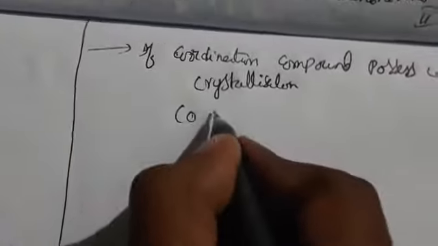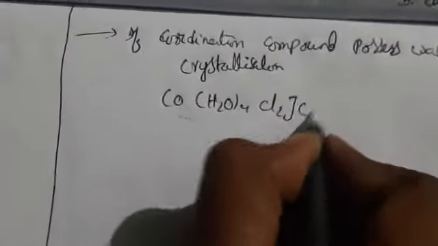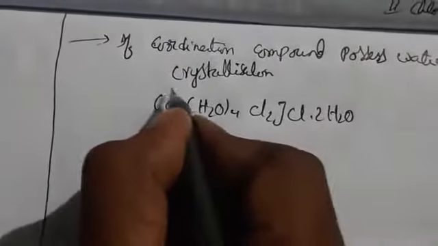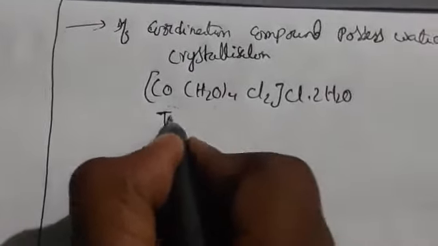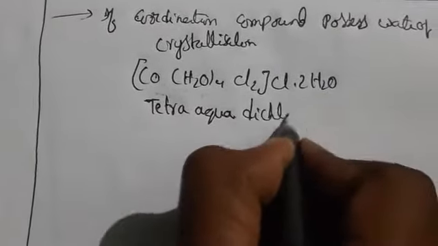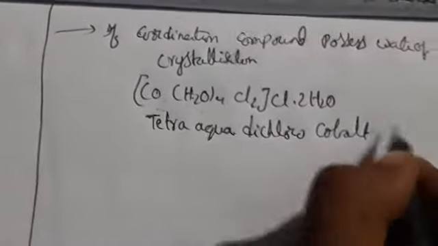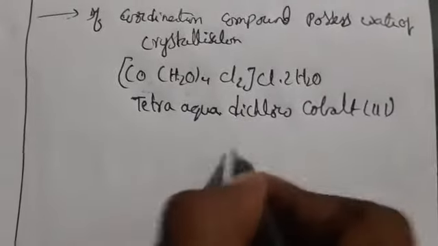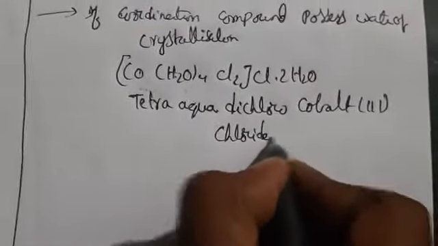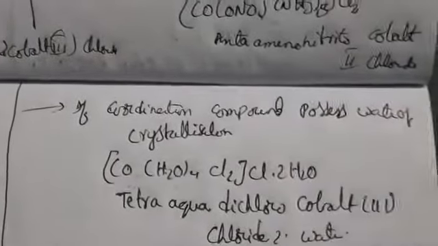So we can write it as like this. That is, example here, if you have been taking Co(H2O)4 Cl2 Cl dot 2 H2O. So means what here we can write? Tetraaquo dichloro. This one. Next we can write cobalt oxidation state. Next chloride. Next how many water molecules? 2 water. We are having this one. So this is the way to write for these type of compounds.